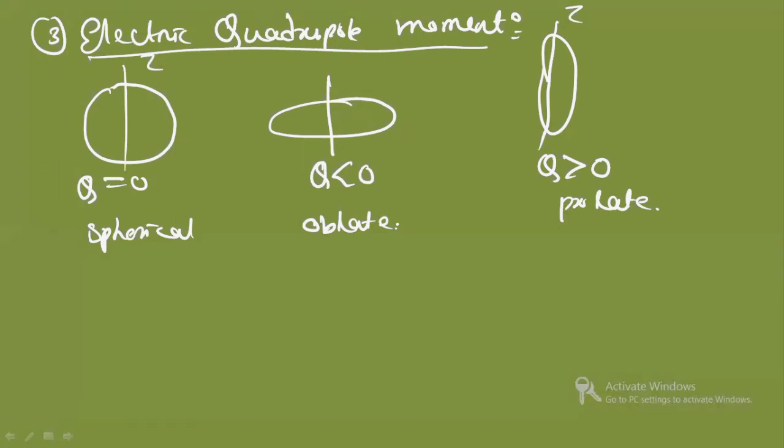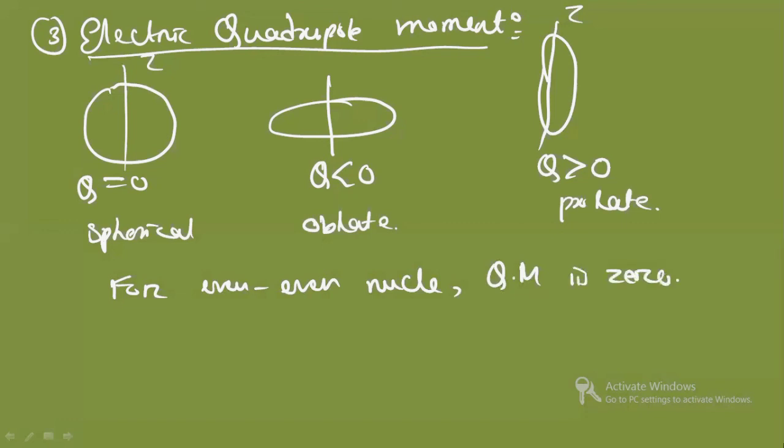Now you see, for the even nuclei, the electric quadrupole moment is 0. You have to remember that for even nuclei, the quadrupole moment is 0. For nuclei whose angular momentum or spin is J, the electric quadrupole moment will be given by what? We will see the formula.